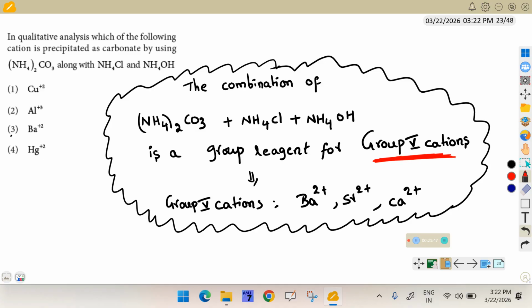In grand test 2, I already gave the group cations and group reagents. Okay, group 5 cations are Ba2 plus, Sr2 plus, Ca2 plus. So the correct answer is the third option.